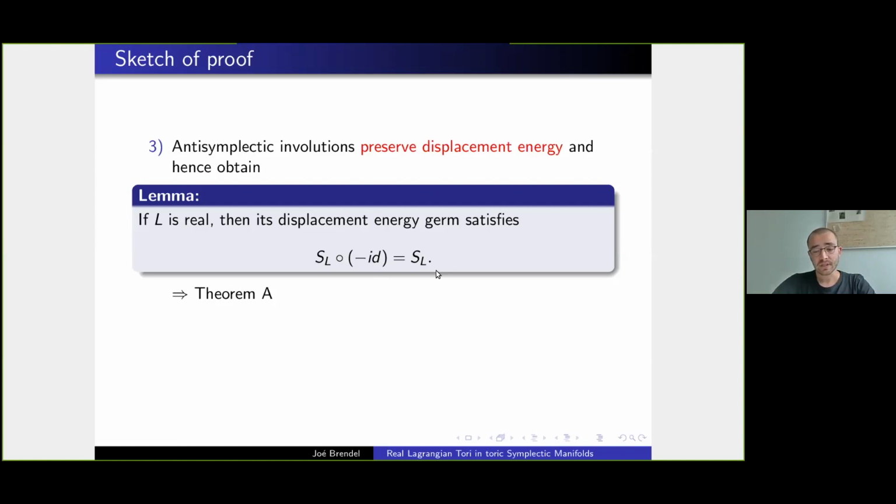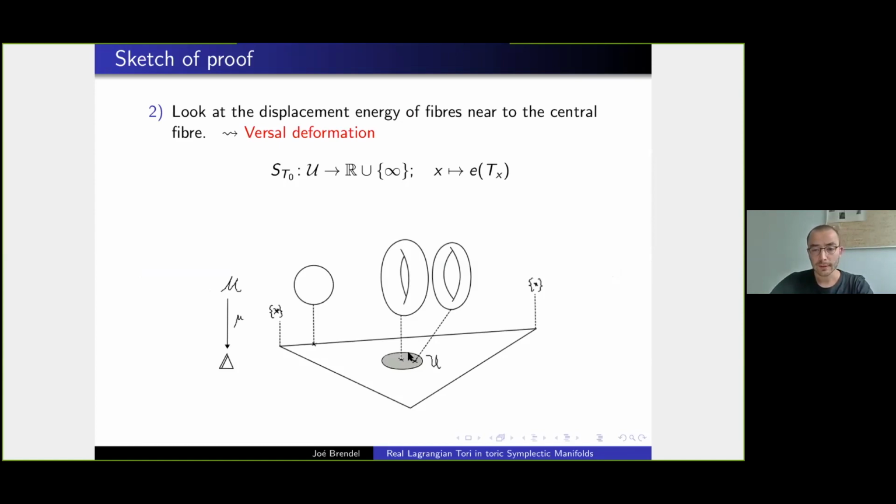This comes from the fact that antisymplectic involutions preserve displacement energy. If I go back here, I'm finishing up, I'll be done in 30 seconds. If I take my antisymplectic involution, this point, in a certain normal form of the antisymplectic involution, gets mapped to its antipodal point.